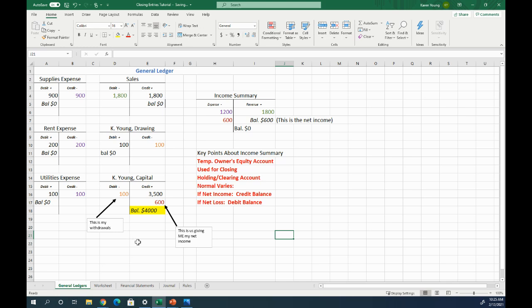The best analogy I can give you about this is it's very much like your grades here at Londonderry High School. In my class, you got a grade quarter one. That grade at the end of quarter one got reported and it's being held in your permanent place called your GPA, right? So when you started quarter two, my grade book was blank.